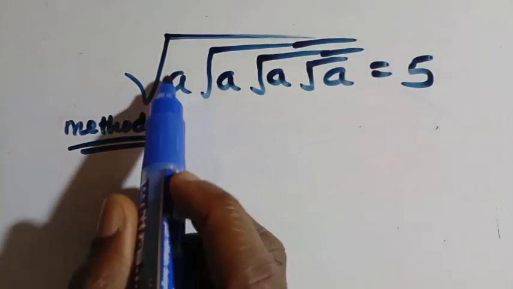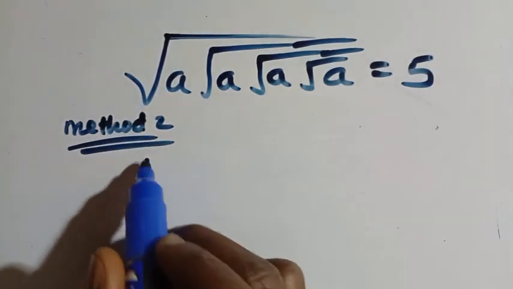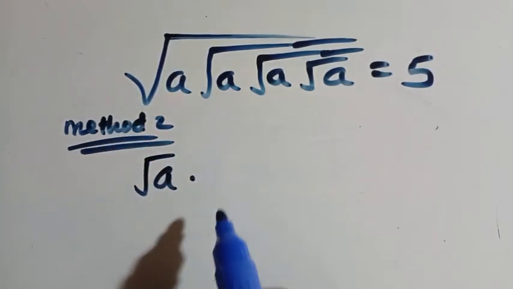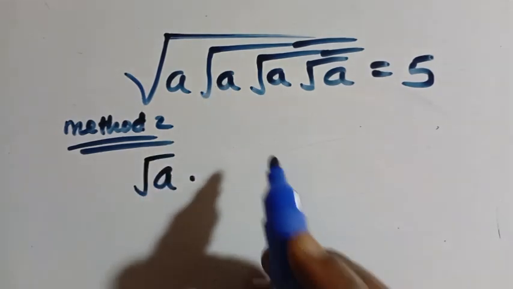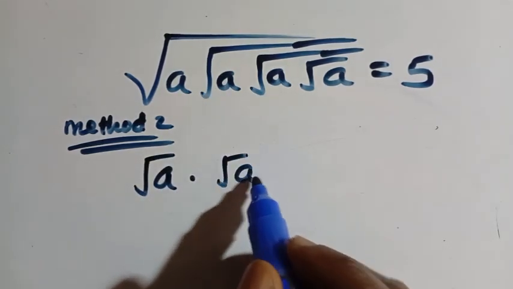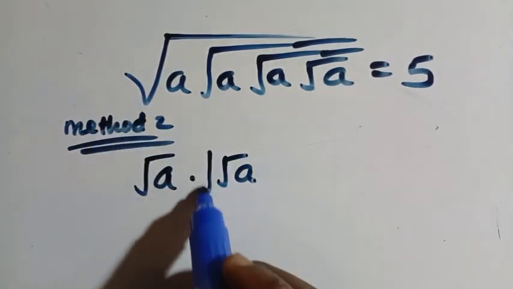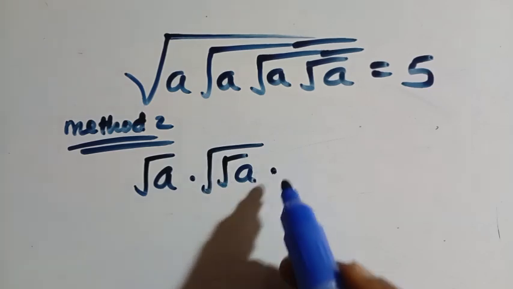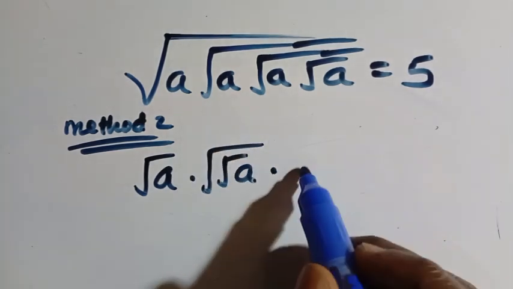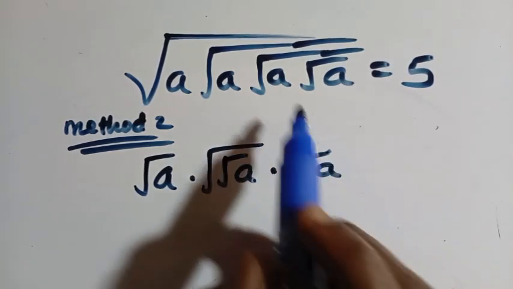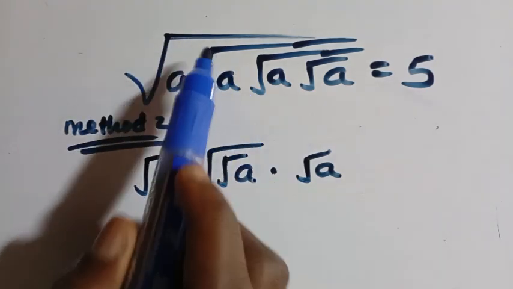The first one, which is the general root, we are going to write as the square root of a, then multiply by the next one, which is the square root of a, but it is covered with the general root, and also followed by another square root of a. It covers how many roots? That is 1, 2.